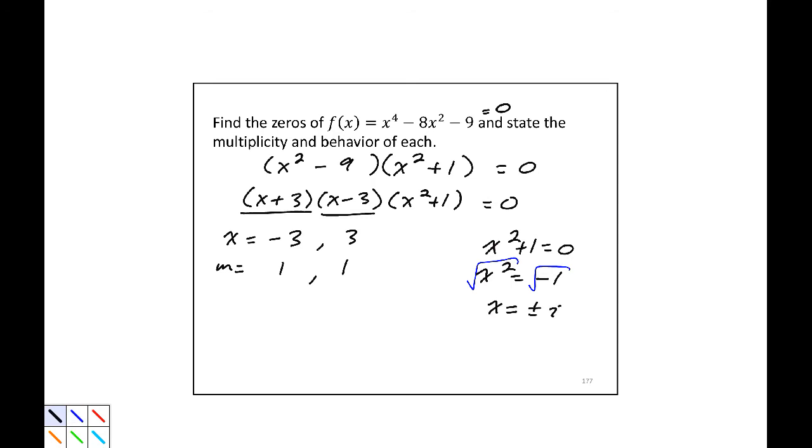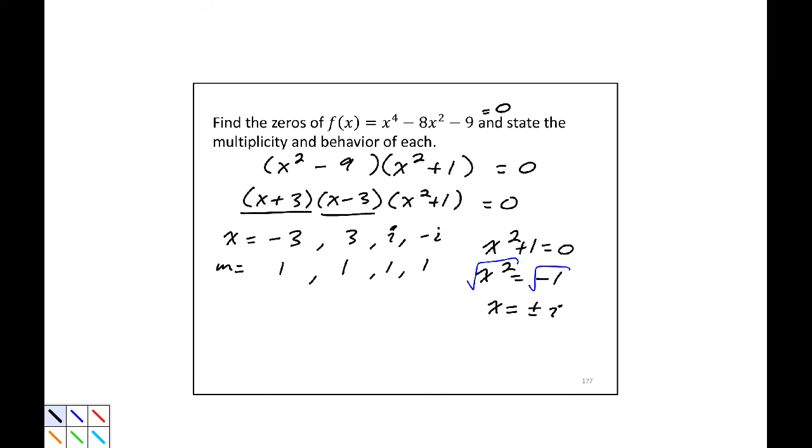So I have two zeros, positive i and negative i. While they are zeros, they do have a multiplicity of 1, but they don't show up as x-intercepts. So we're not going to worry about those when we get to the graphing part of this.